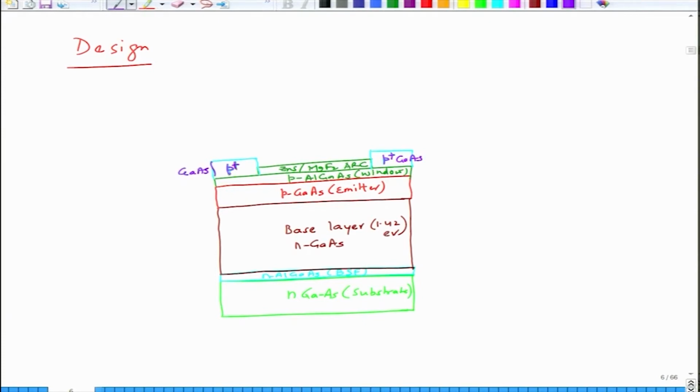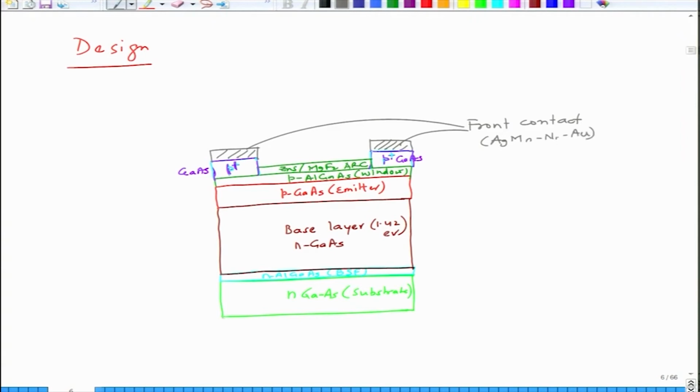And then we have on top the front contact. So, this is again the front contact, which is generally an alloy of Ag, Mn, Ni, Au.